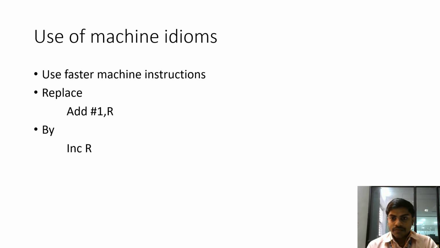Use of machine idioms, removing unreachable code or dead code, removing redundant code, redundant loads and stores, and avoiding unnecessary jumps. These are all the possible ways of improving the assembly code or applying optimization techniques.